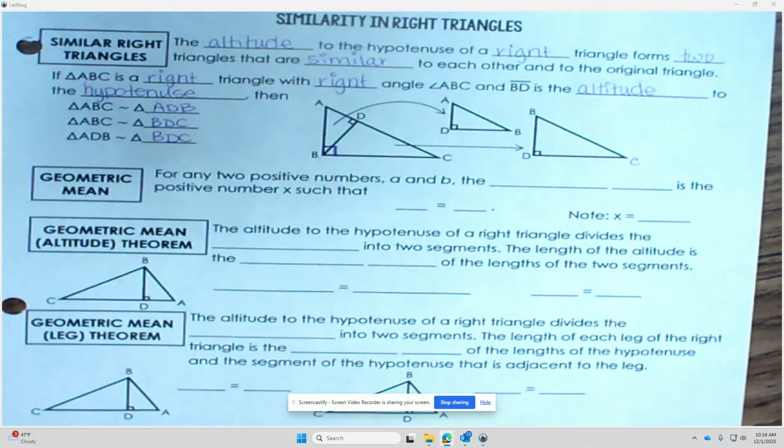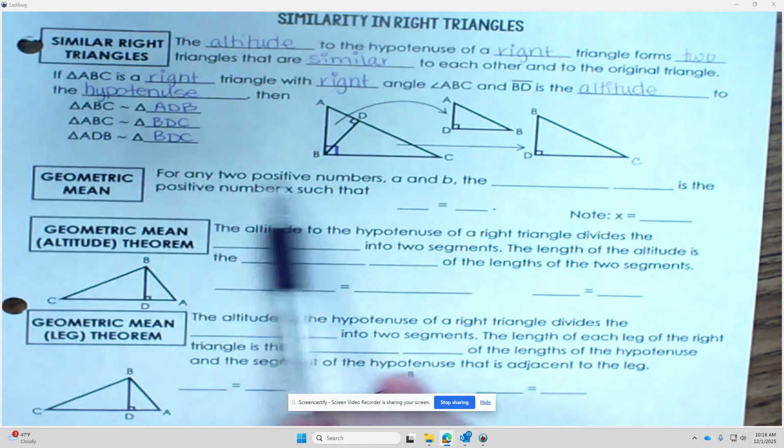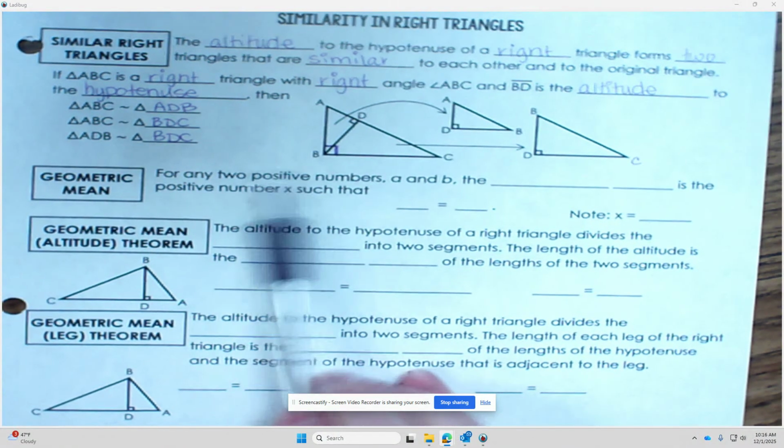So before we get into the triangles, we're going to talk about, for any 2 positive numbers, so they have to be positive.